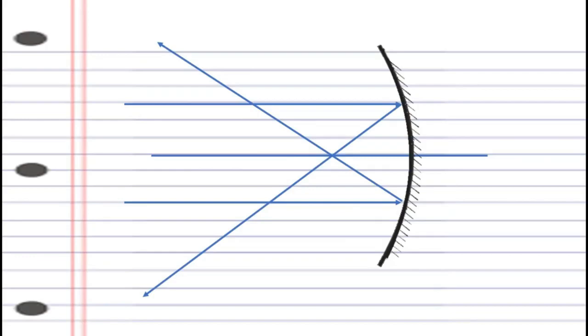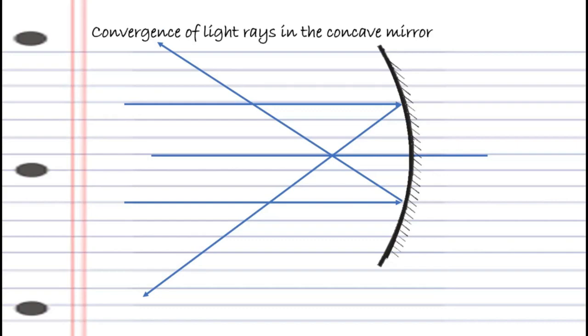We'll come back to this discussion a little later, right? Now, this is the diagram for convergence of light rays in the concave mirror. You can draw only two light rays, not so many light rays as was shown in the animation.